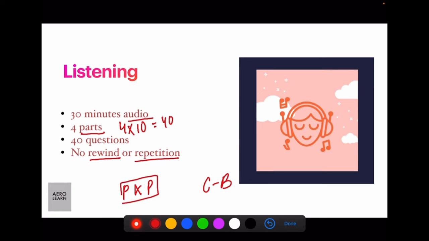In a pen and paper based exam, you get an extra 10 minutes to transfer your answers from the question booklet to the answer sheet. But in a computerized exam, you do not get extra 10 minutes; you just get 2 to 3 minutes to check your answers. So you have to be attentive in this section.